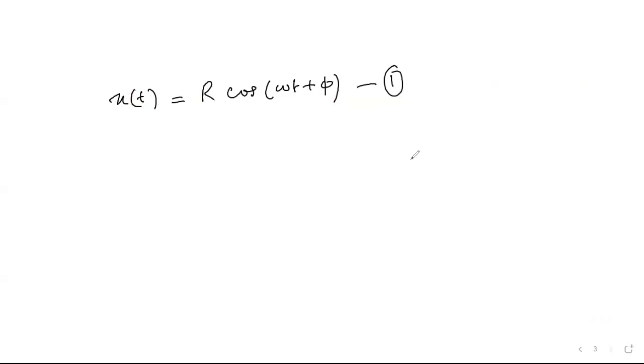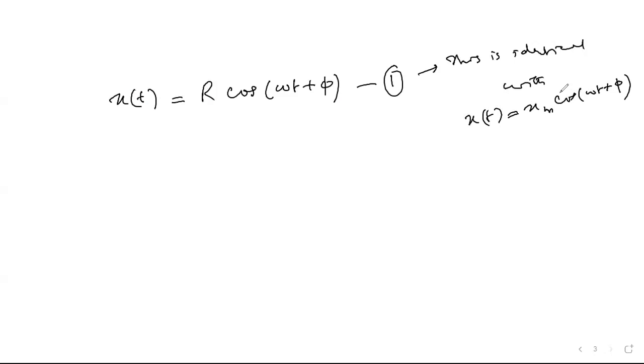Now you can see this is identical with x of t equal to xm cos(omega t plus phi), the equation which we use to describe the position of a simple harmonic oscillator. So this is identical.